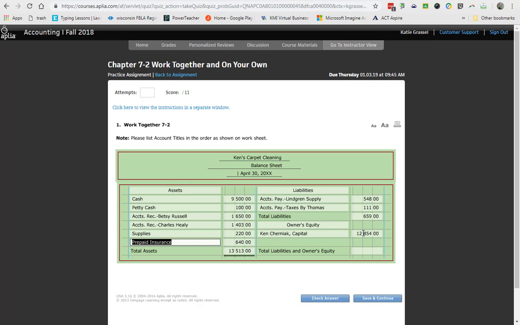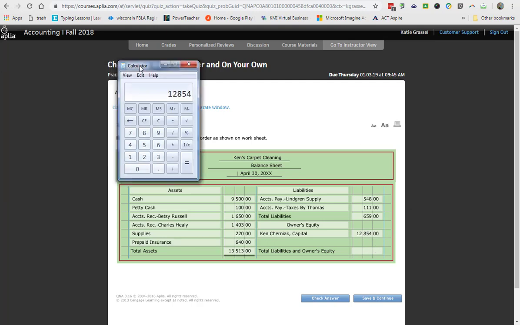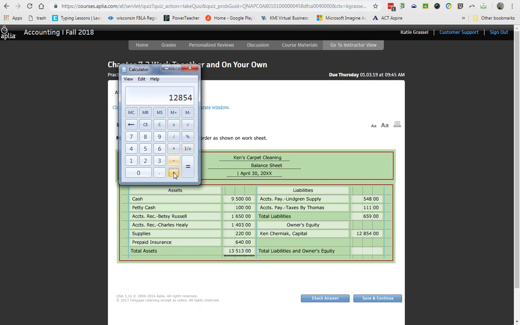Not being able to calculate your capital. Now, when I take my $12,854, I then add my total liabilities of $659, and I get this number of $13,513, and I'm like, that number sounds familiar. Doesn't that number sound familiar? Because it says right here, total assets. The whole point, these two numbers must equal.